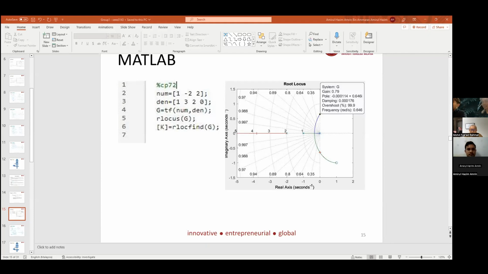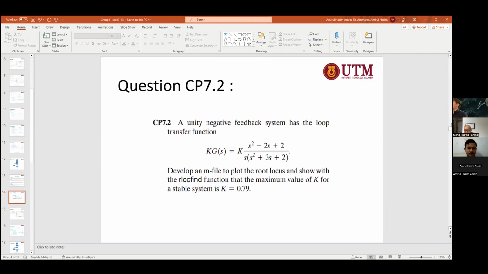Lambat, Hari Isnin. Due date 18, kau hantar 19. Lambat lah. Terlambat. Dah lah hantar lambat, present pun paling lambat.